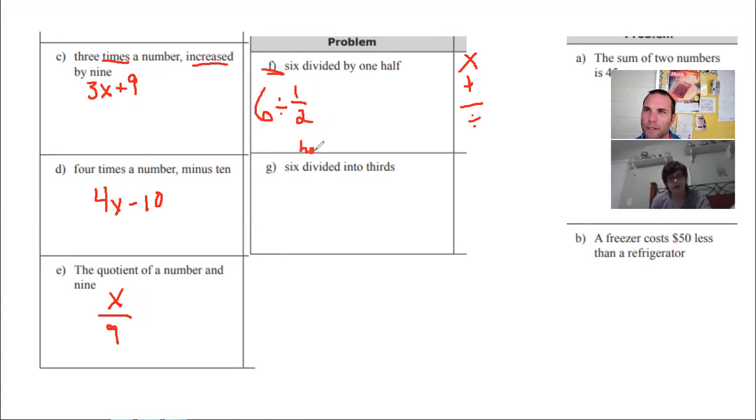There's another one that would be like half of 6. If you see half of 6, that is not the same, okay? That one would be 6 divided by 2. So if you see 6 divided by 1/2, all right, that's fine.